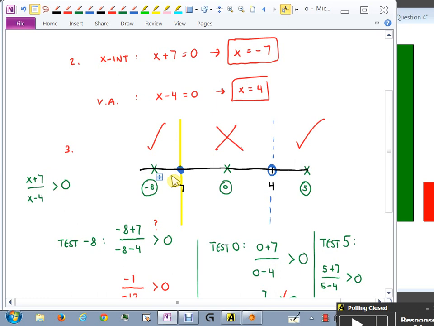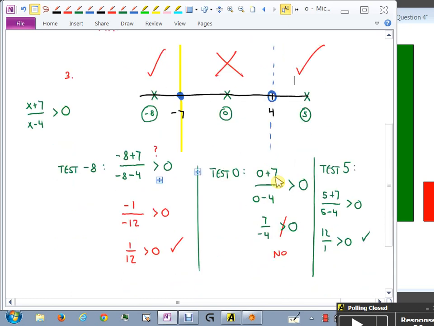I don't want to include that. So it'll be everything to the left of negative 7. Then nothing in here. But everything to the right of 4 should work. How about 4 itself? Our function's not even defined there. But we wouldn't want it anyway because we want it to be bigger than 0.